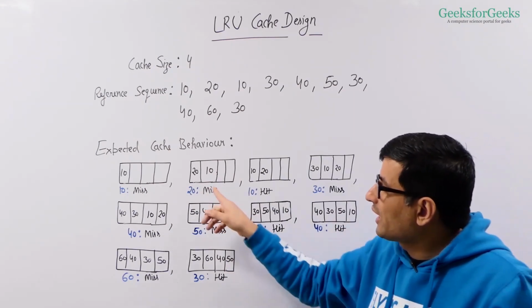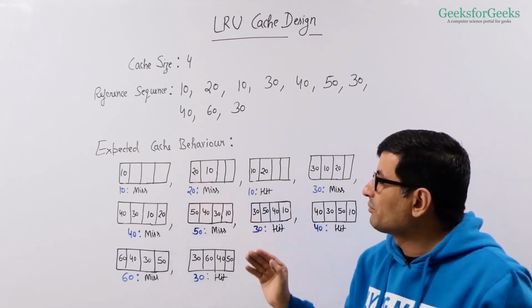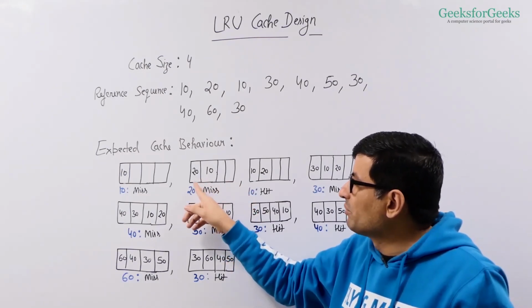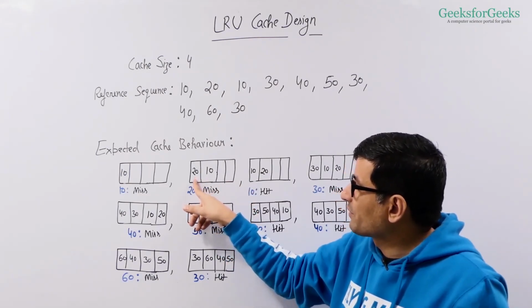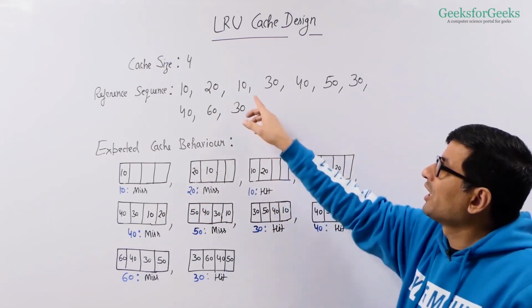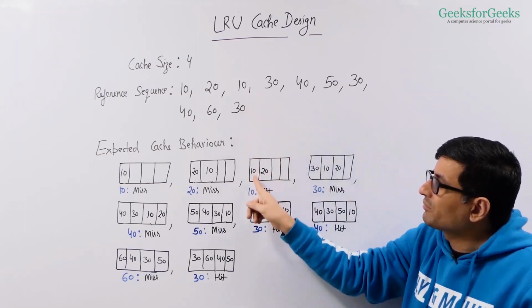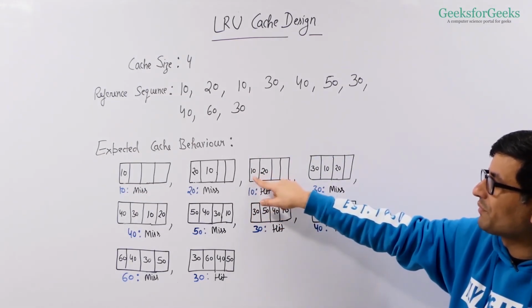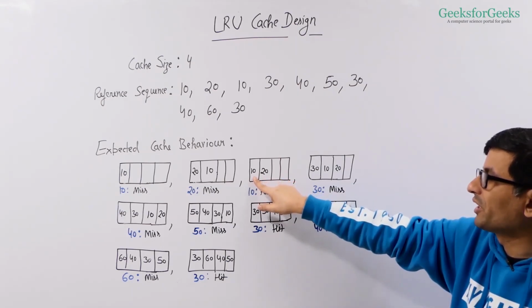But notice that I have put 20 before 10 because in this example, I'm maintaining this order that the most recently used item is at the front and least recently used item at the back side. Now when we access 10 again, it's a hit, 10 is present and it also comes to the front because it's the most recently used item.